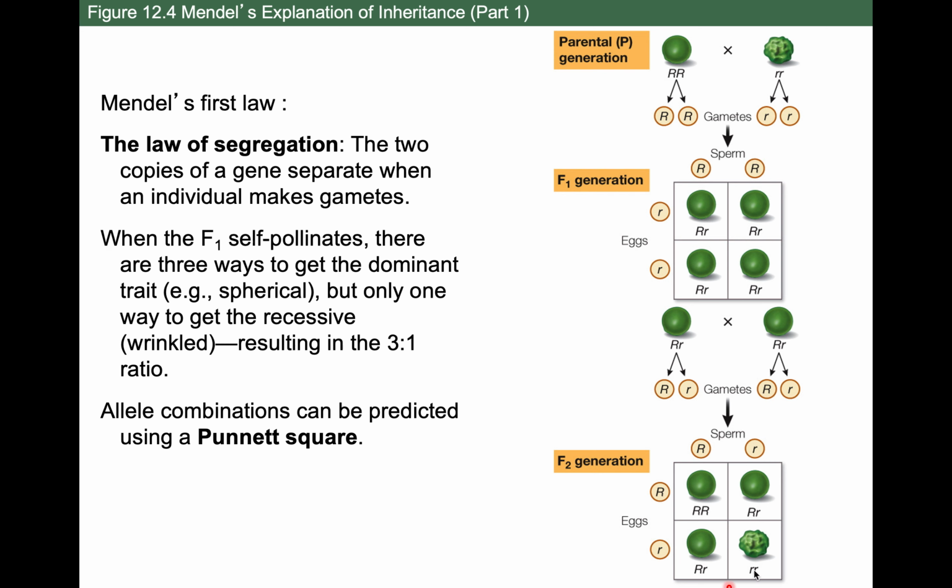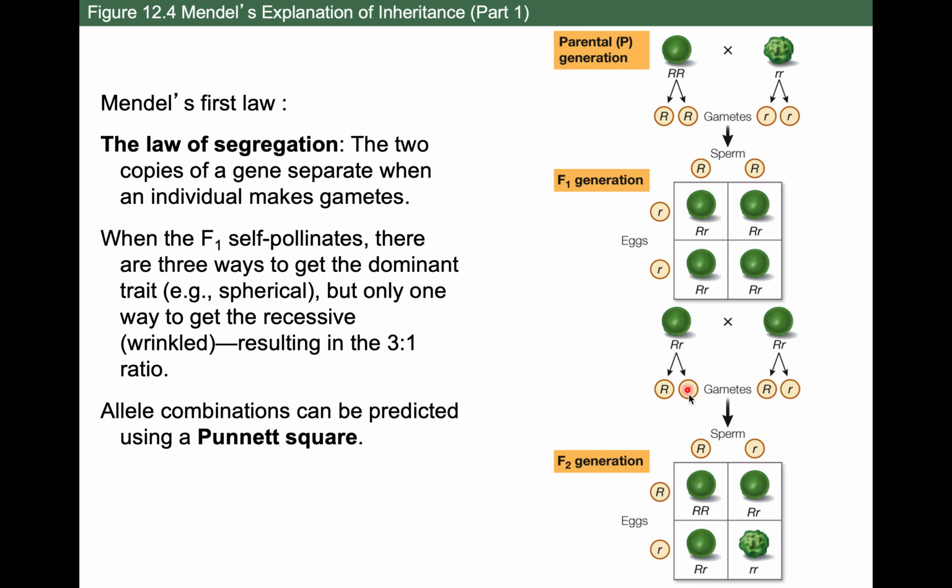But where the Punnett square really becomes more useful is if we start thinking about the F2 generation. Remember from the F1, we're allowing these plants to self-fertilize to go to the F2. So we're basically doing this cross here. We're letting a heterozygote, big R, little r, cross with itself, big R, little r.